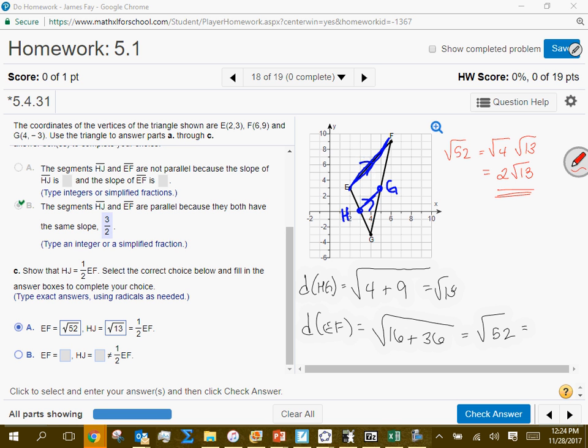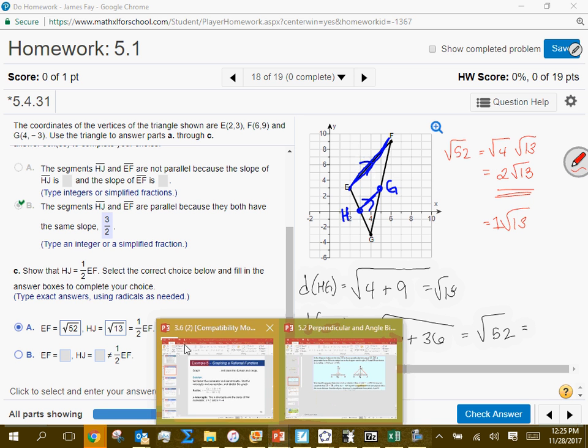Does 2 radical 13 being EF and radical 13, 1 radical 13 being HG, does that prove to us now that one is half of the other one? Does that make sense to everybody? Because they're both the radical 13s, and this one has a constant of 2, or a multiple of 2 out front. This has a multiple of 1.